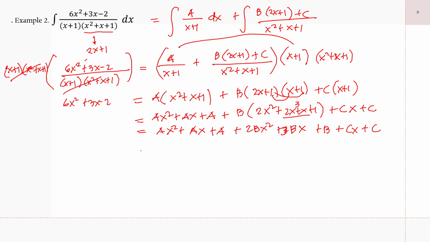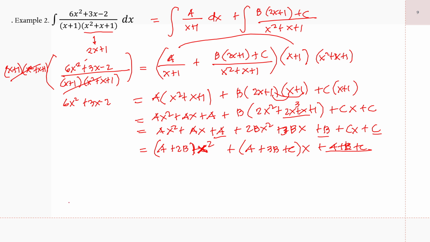Now we are going to combine all the terms involving x squared: (a plus 2b) times x squared, plus, involving x, (a plus 3b plus c) times x, and the constant is a plus b plus c.